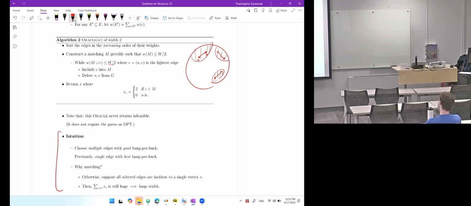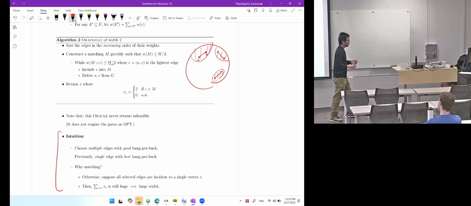So I just try to add as many edges as possible that have good enough bang per buck. Instead of just a single edge, we don't do that. Now I also have the constraint that the way I choose these edges is going to be a matching. Why do I want a matching? Why don't I just pick the first few edges in this order without the constraint that the edges I pick form a matching?